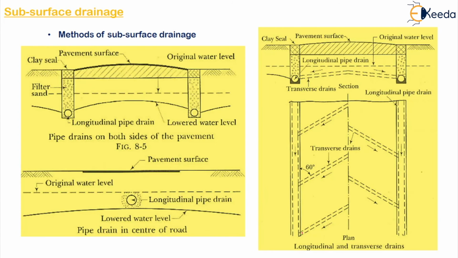The next one, or the third method, is by lowering the water table. Now, in order to bring down the level of the water table for pavements running in flat country with low embankments, longitudinal surface drains or pipe drains are placed below the surface of the ground in the permissible saturated stratum.